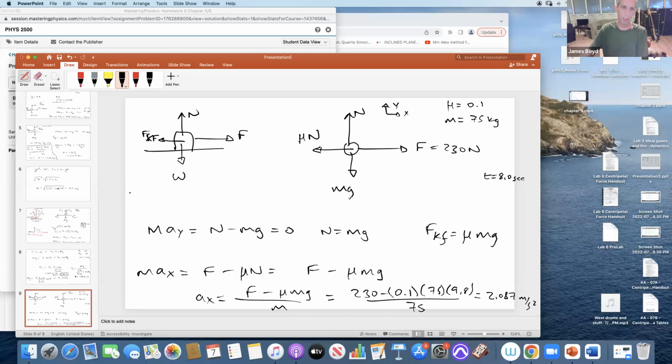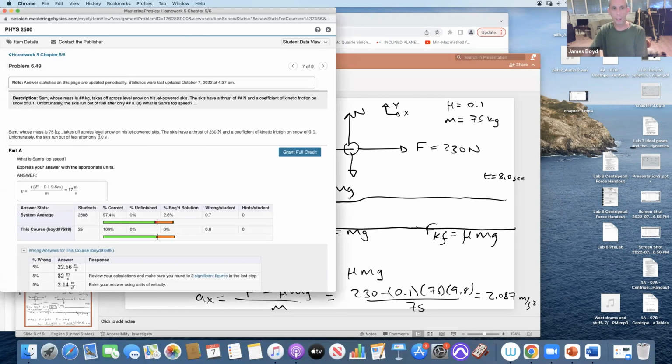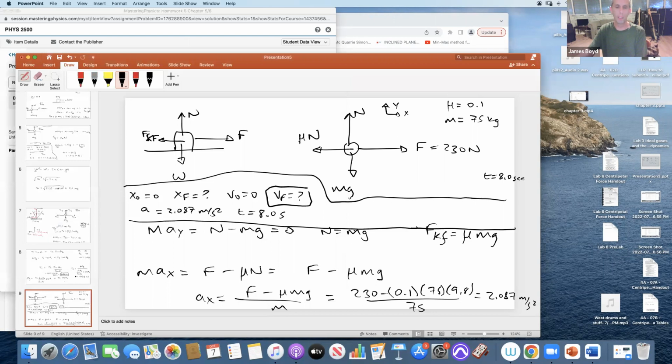Now, we want to know what his top speed is. So at this point, x initial is 0, x final is unknown, v initial is 0, he starts from rest, v final is unknown, but that's what we want. Our a is 2.087, and our t is 8 seconds. That came from the problem. So I'm doing this right here so I don't have to flip slides. We were told that after 8 seconds, he ran out.